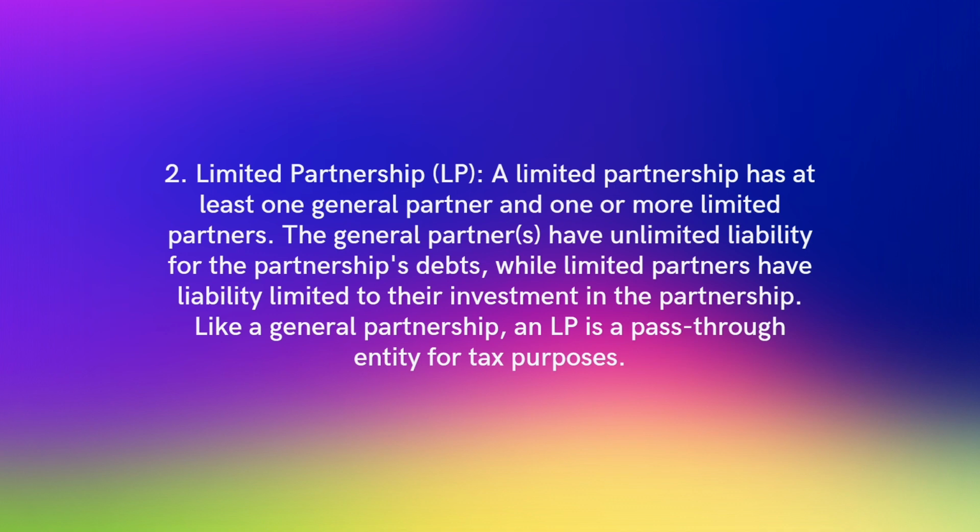But the difference between a general partnership and a limited partnership is that in a general partnership, all the partners are general partners and their liability is unlimited for the partnership debt. But in a limited partnership, there is one general partner who has unlimited liability, while the limited partners have limited liability to their investment in the partnership.